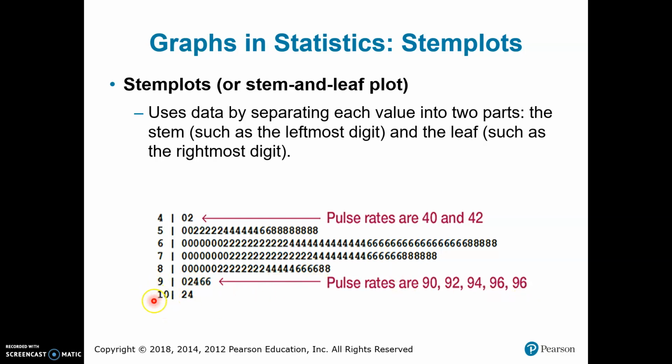The last one here is 10, 2. So 10 tens, that is 100. So 10, 2, 102, 10, 4, 104. And this is how you use a stem plot.